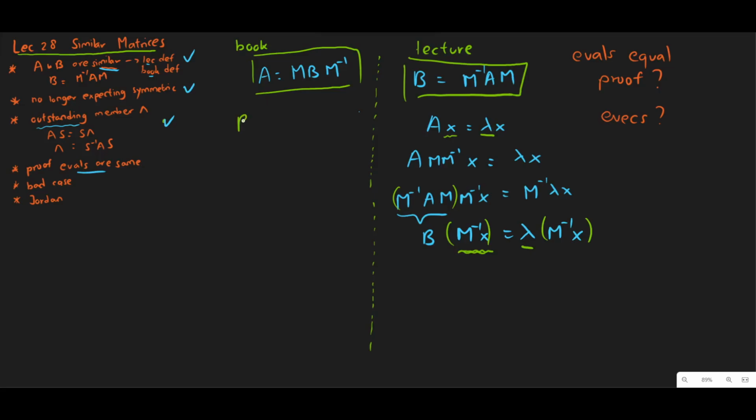Now initially I have B times the eigenvector equals the eigenvalue times the eigenvector, right? And then similarly, I'm trying to achieve this form, so I need this M inverse M X, which is just the identity. And you can just notice that these two are the same, M inverse M, they are the identity, it doesn't matter.